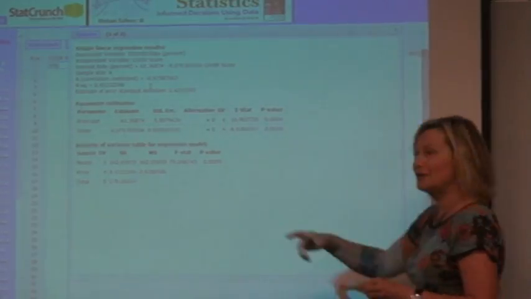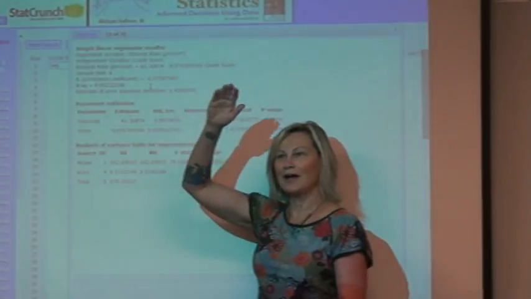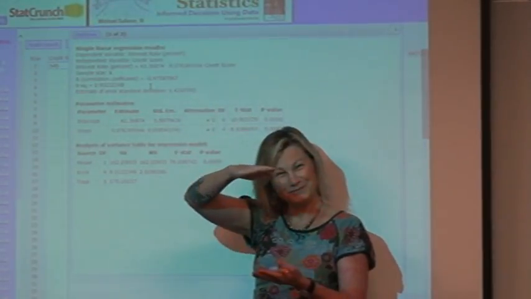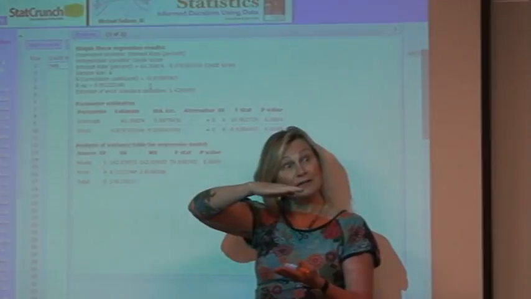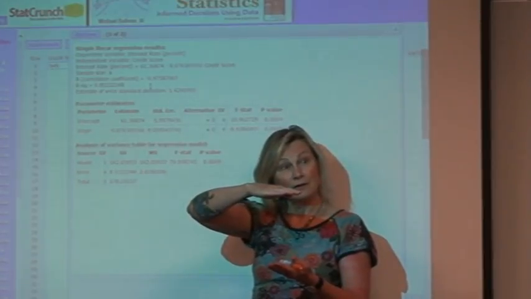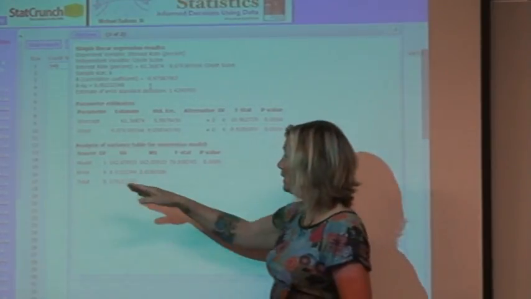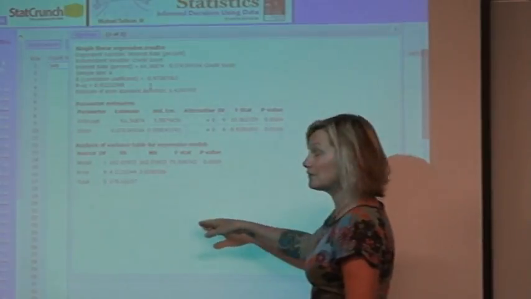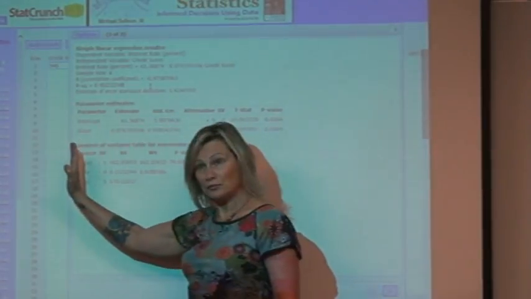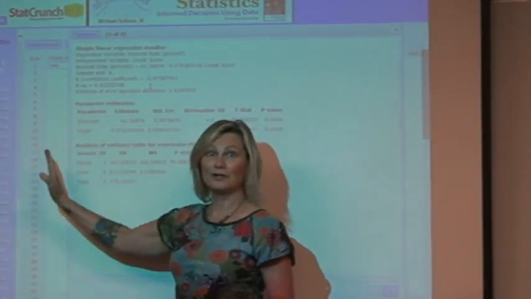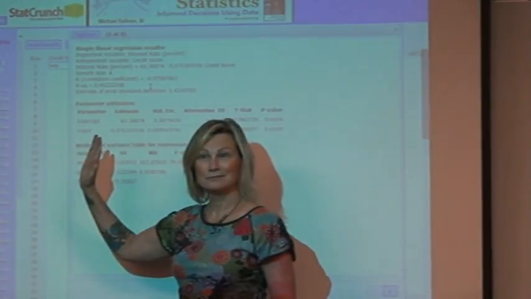And that means that 95% of that blue distance was eliminated by bringing in the credit score to predict interest rate instead of just using the mean interest rate.